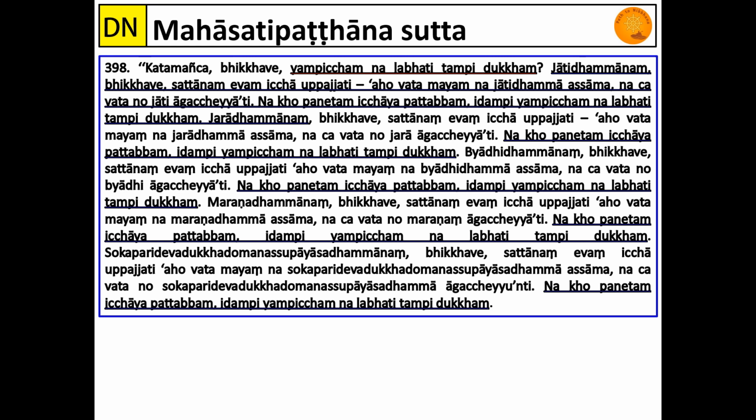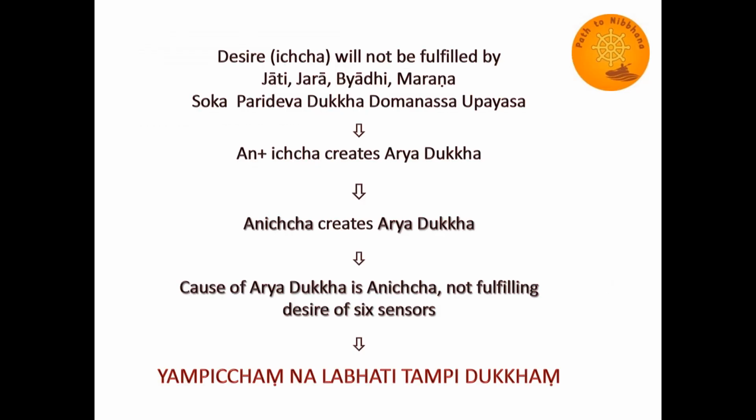And then at the end they are talking about idampi yampichan nalabati tampi dukkham, and they are saying this can be applied to all of these: jati, jara, marana, soka, parideva, dukkha, domanassa, upayasa. Everything can be explained by using idampi yampichan nalabati tampi dukkham. We'll see what they are saying, right? Desire will not be fulfilled by jati, jara, marana, soka, parideva, dukkha, domanassa, upayasa.